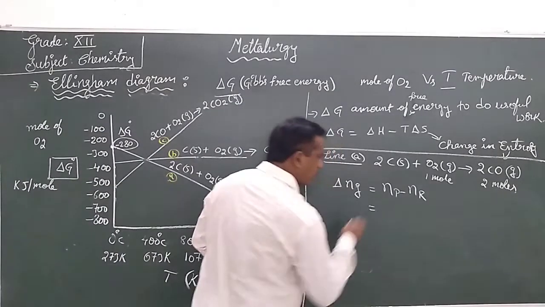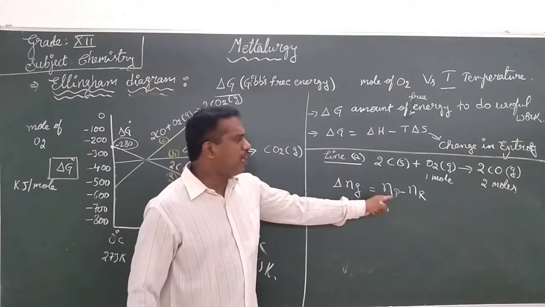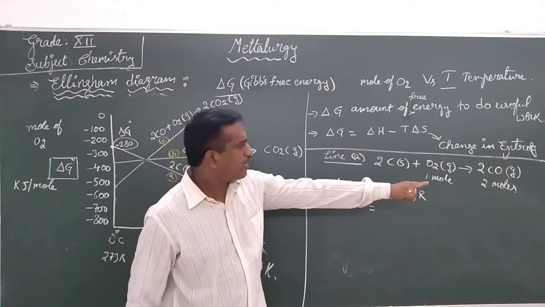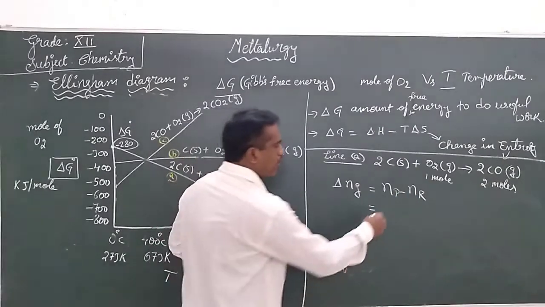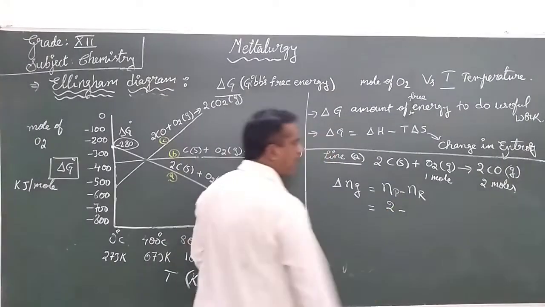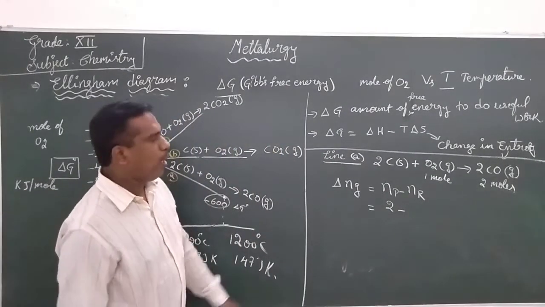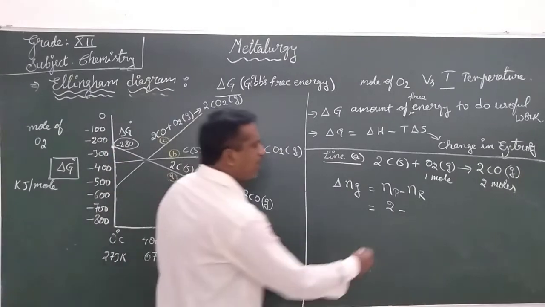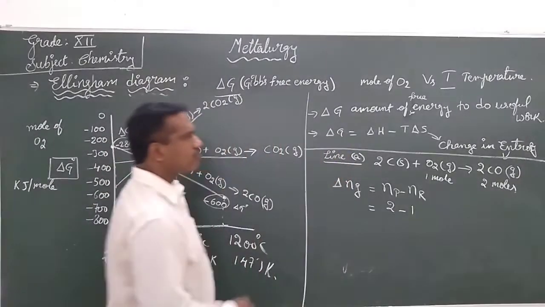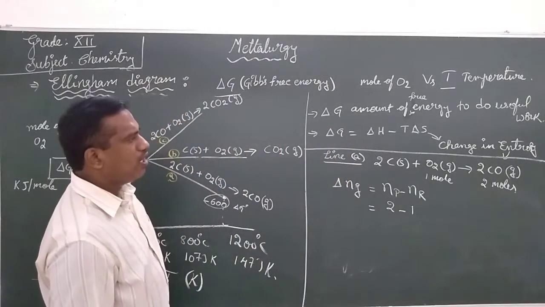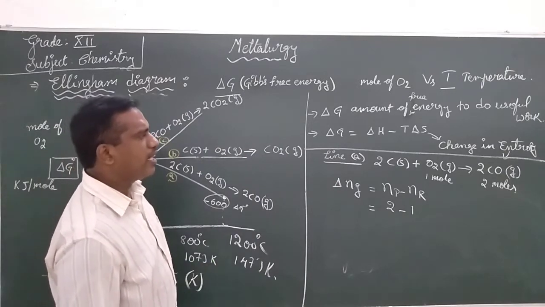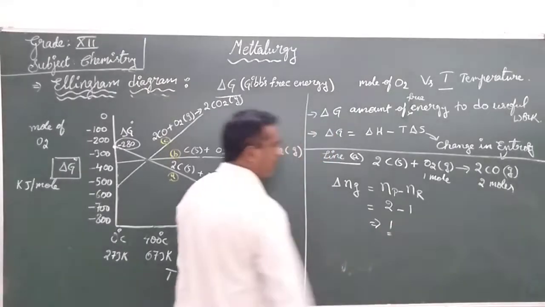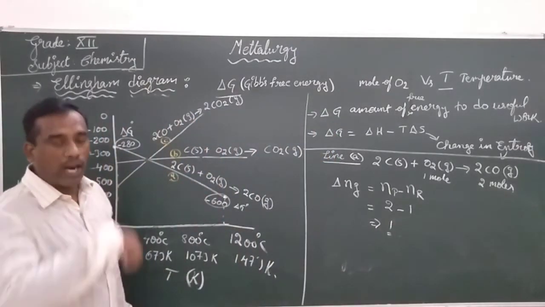In this one, how many moles of gaseous products are there? 2 moles we have. So, number of moles of gaseous products is 2 minus number of moles of gaseous reactants, 1 mole we have. The difference is 1.